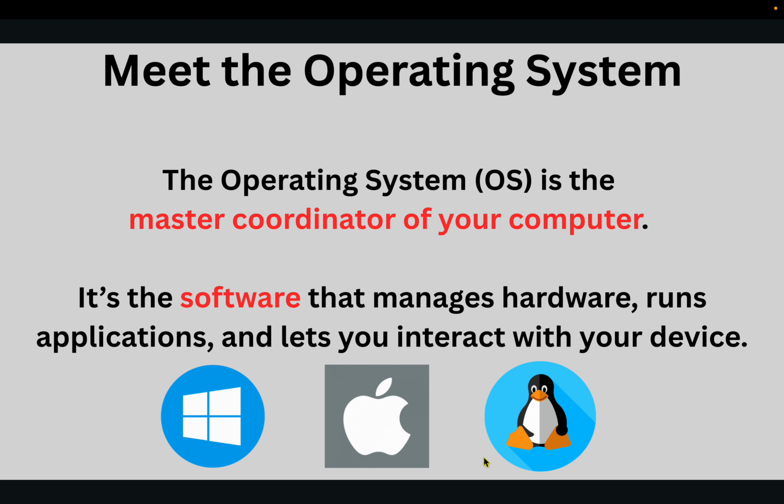But basically, your operating system is the software that's managing your hardware, running apps, basically allowing you to interact with your computer. If you didn't have an operating system, your computer would look very boring, and I will show you what that would look like in a few slides. But basically, your operating system is what makes your computer's interface, or what you see, look pretty.